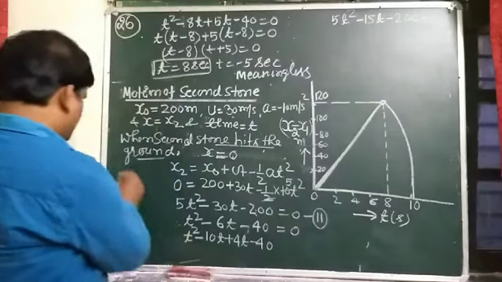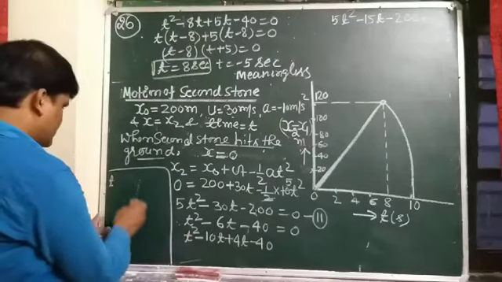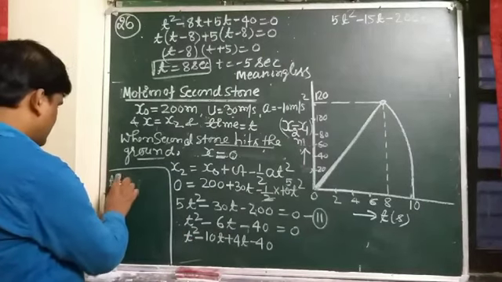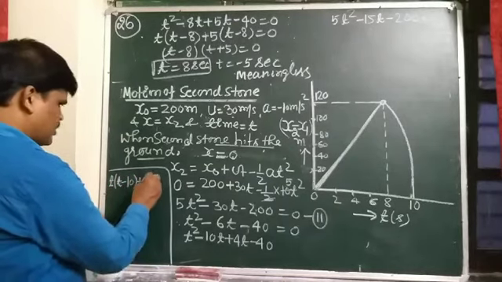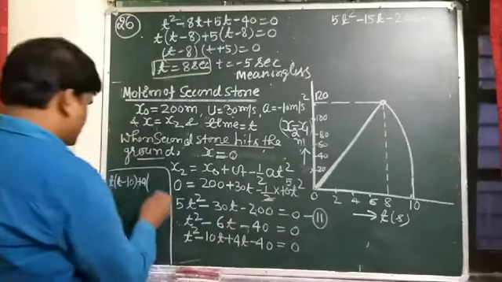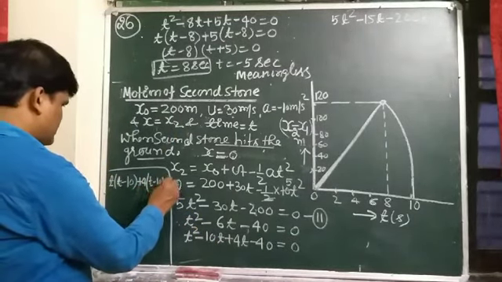Solving this, taking t common, t minus 10 plus 4 common, it comes out to be t minus 10, which is equal to 0.